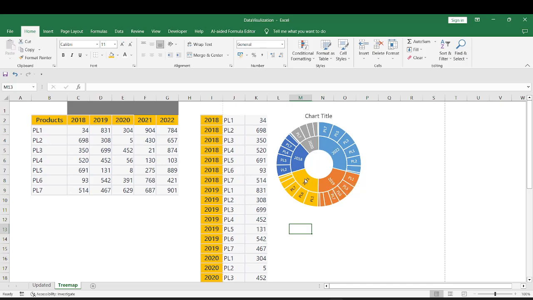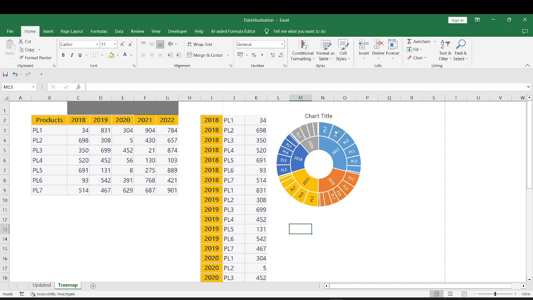You see that 2019 and 2020 are also a little big, and 2020 being the smallest here. And this clearly shows that 2022 has produced more quantity of products and 2020 has produced less quantity of products.